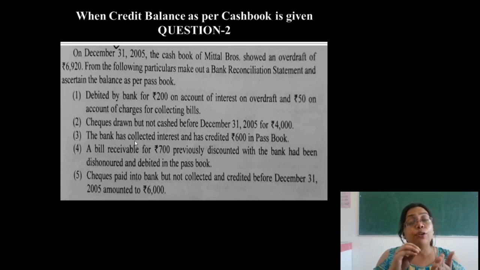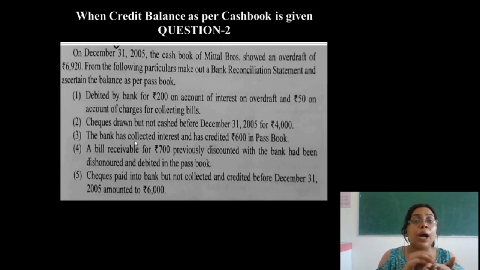So the bank has charged rupees 200 from my account as interest on my overdraft, and they've also charged rupees 50 for collecting bills. It has already been deducted from my account and shown in my passbook, but it has not been shown in my cash book.